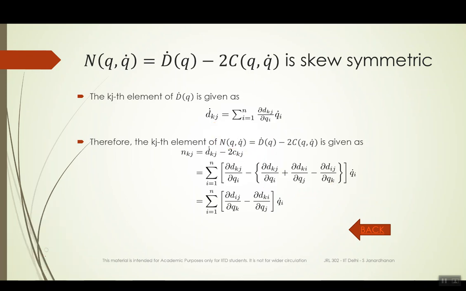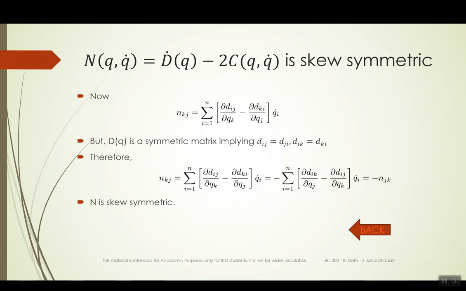However, if you look closely, since the inertia matrix is symmetric, d_ij is d_ji and d_ik is d_ki, and so N_kj can be reformulated in this manner, which is minus N_jk, which would mean that this N matrix is skew symmetric, as we had claimed.